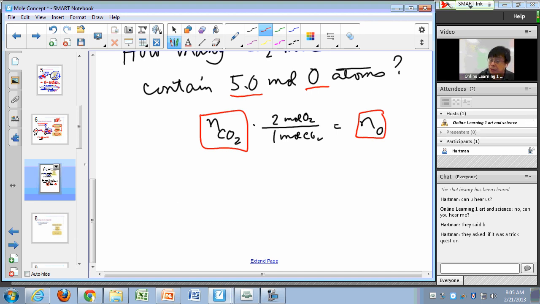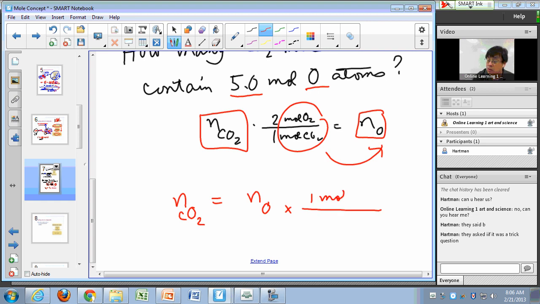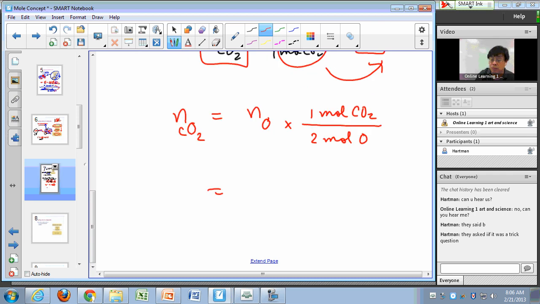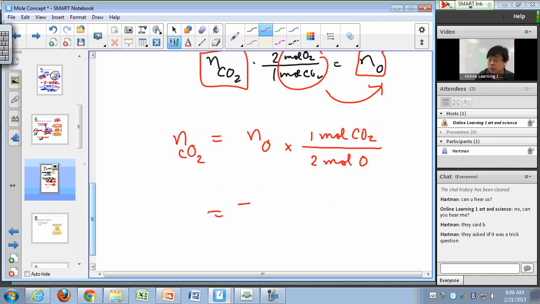Right? So number of moles of oxygen would be number of moles of CO2. Okay, I'll just move this conversion factor to the other side. Number of moles of oxygen times 1 mole of CO2 for 2 moles of oxygen. See? So now I have number of moles of oxygen is 5.0 moles.